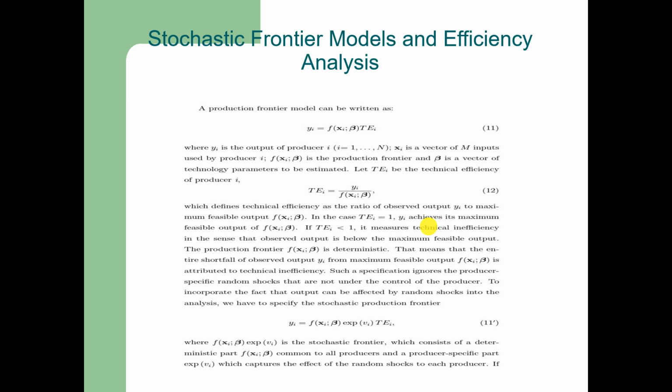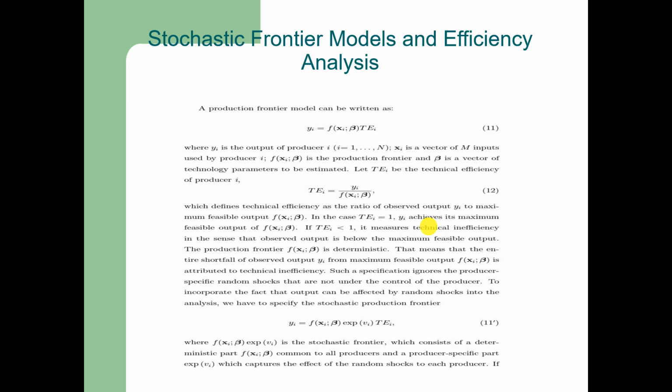To incorporate the fact that output can be affected by random shocks, that is random error, into the model, we have to specify the stochastic production frontier as follows. The stochastic production frontier is given by yi equals f of xi beta e raised to the power vi times technical efficiency.